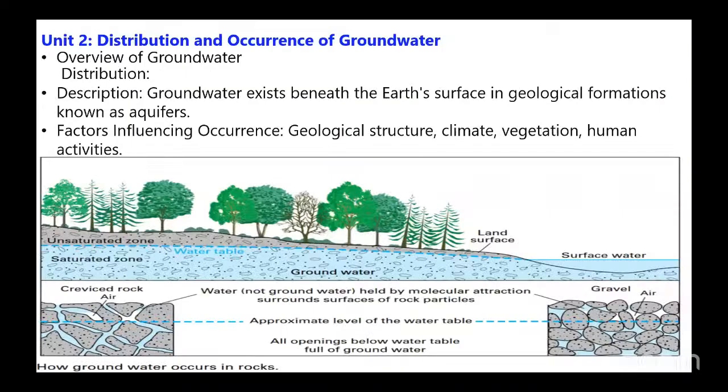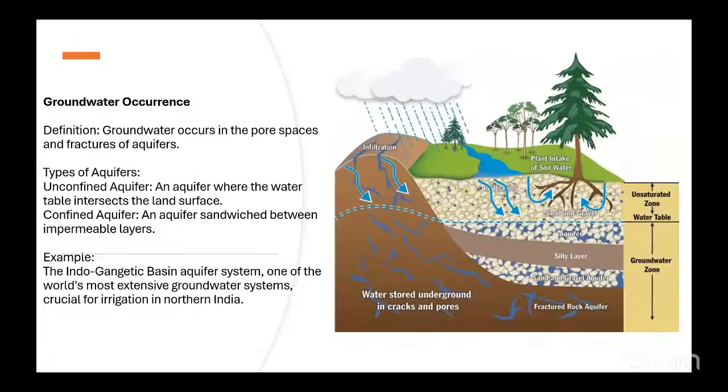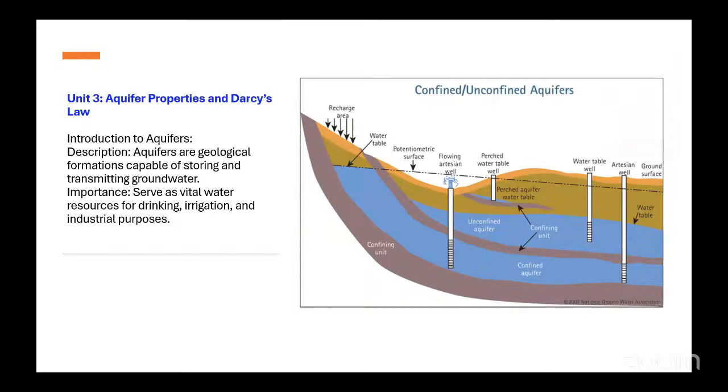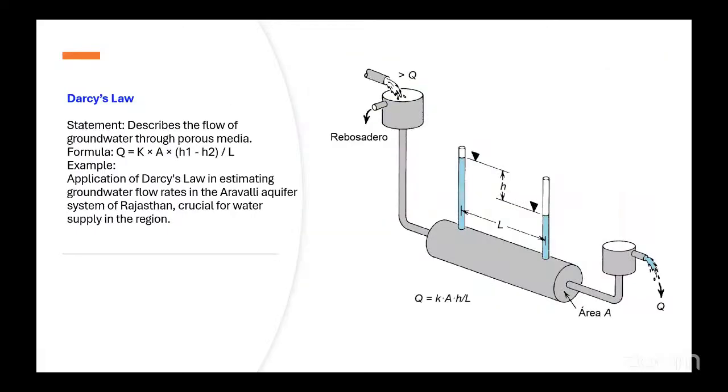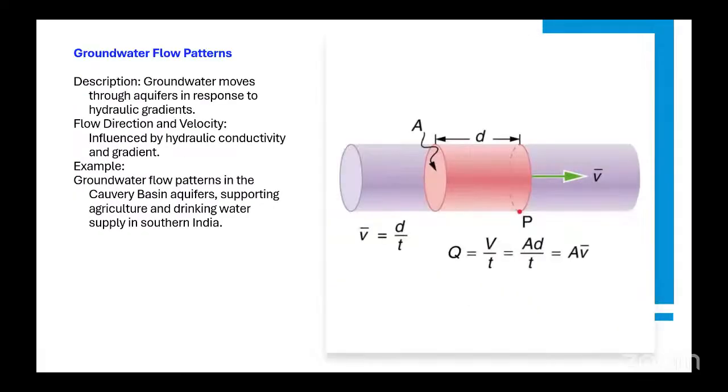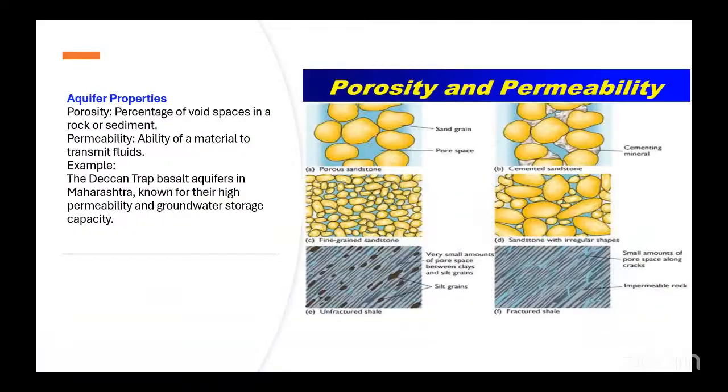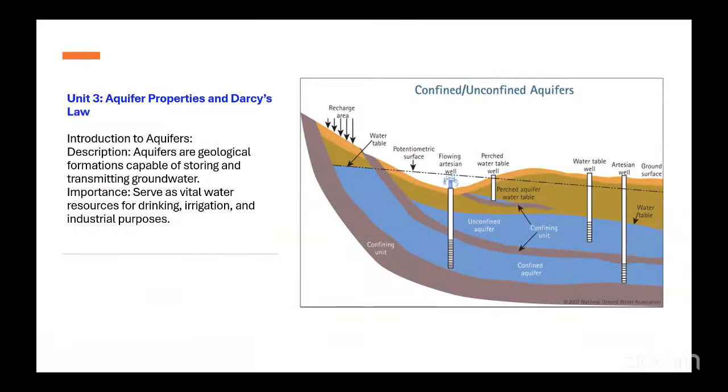Unit 2 will discuss the distribution and occurrence of groundwater, how it is distributed and how it occurs. Unit 3 will cover aquifer properties and Darcy's law, aquifer properties like porosity and permeability, Darcy's law formula, and the groundwater flow patterns. These are the chapters or units we are going to cover today.